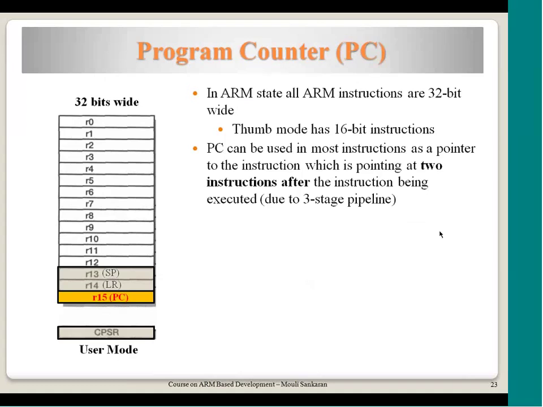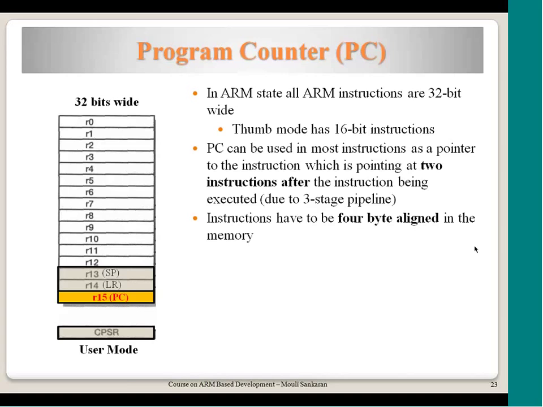So if it is reading 4 bytes, you can assume that the least significant 2 bits, bit 0 and bit 1, are always 0. It is mandatory that all instructions are 4-byte aligned. That means no instruction can start on odd boundaries. Suppose you take the example of addresses 1000, 1001, 1002, 1003. These are all different byte addresses.